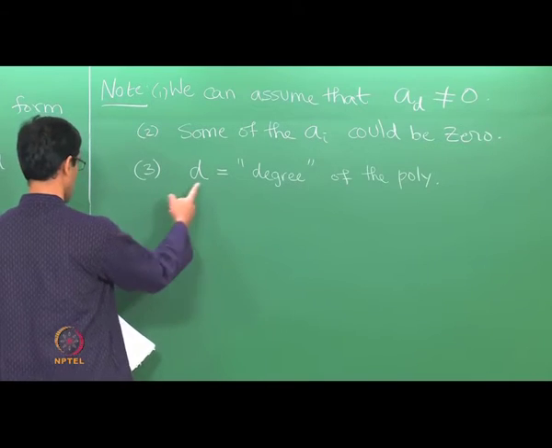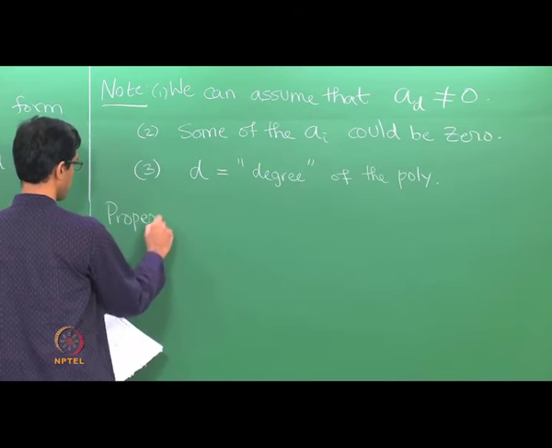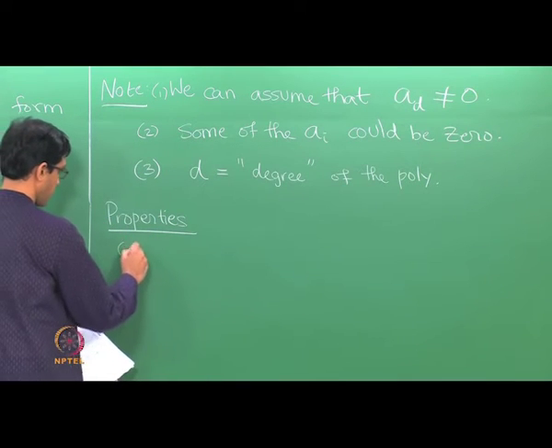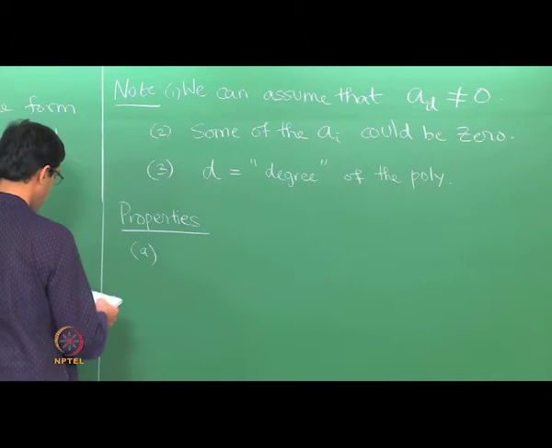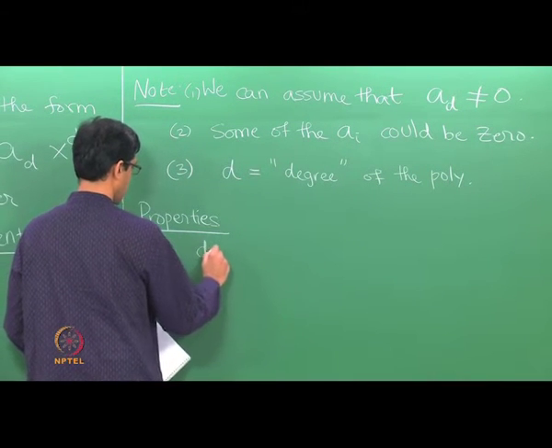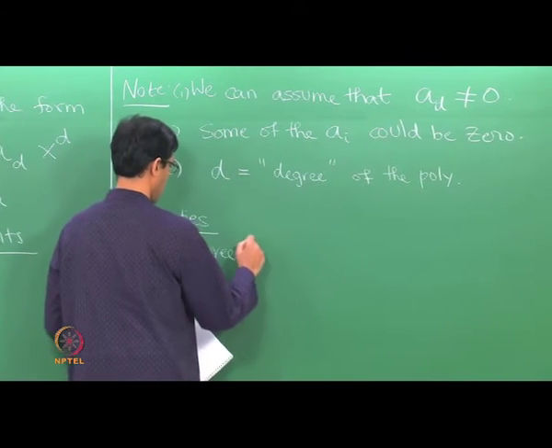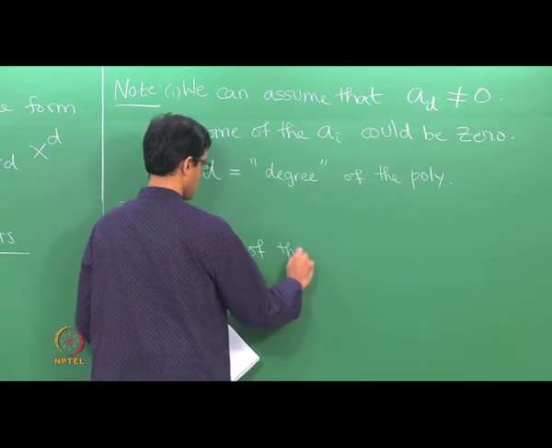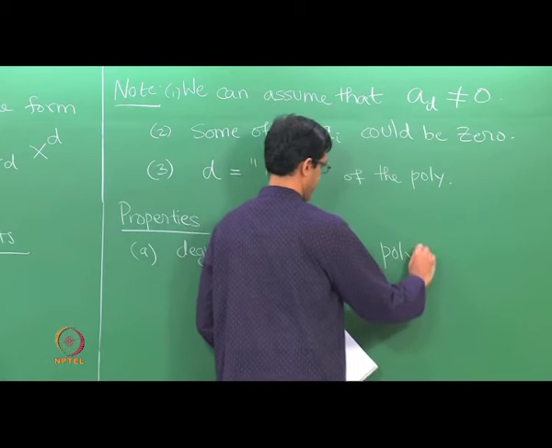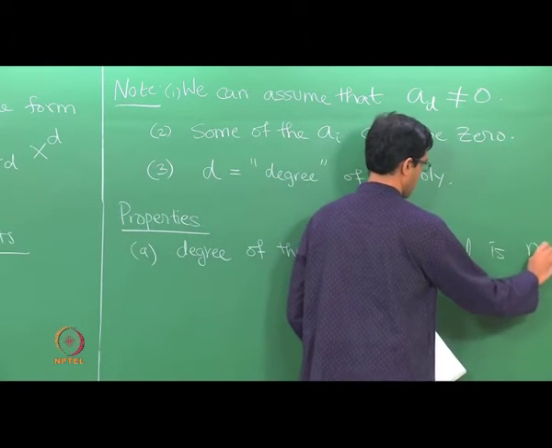Let us see what else there is about the degree itself. Here are some simple properties of the degree that will often be useful. Firstly, the degree of the 0 polynomial is not defined.